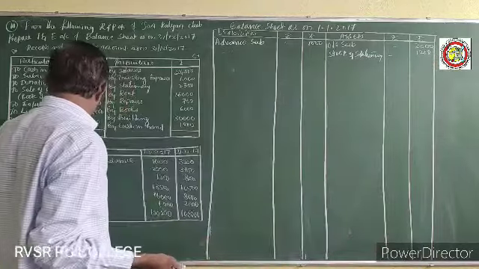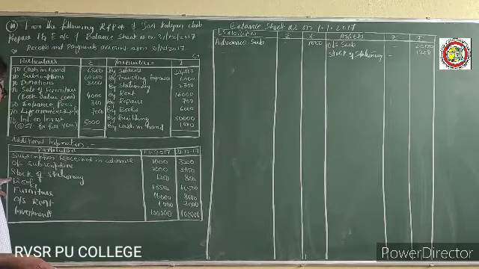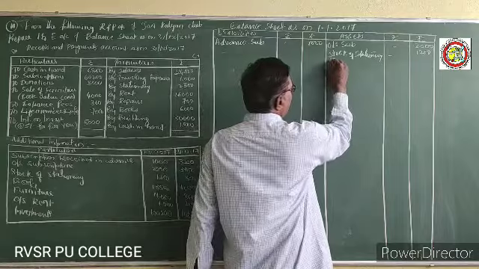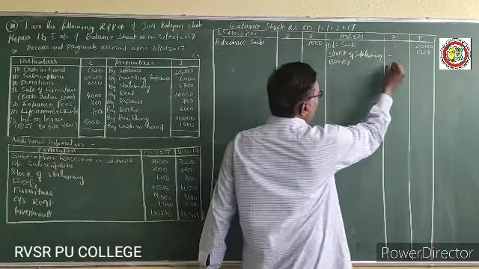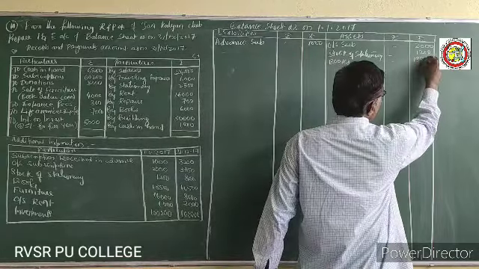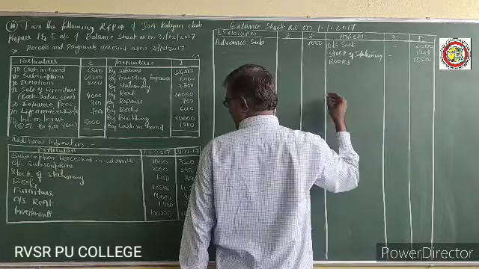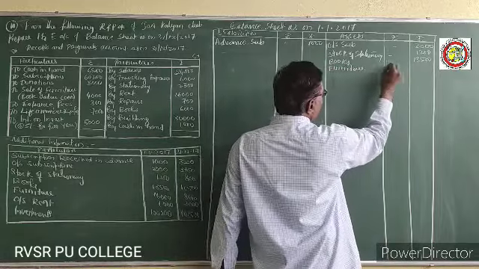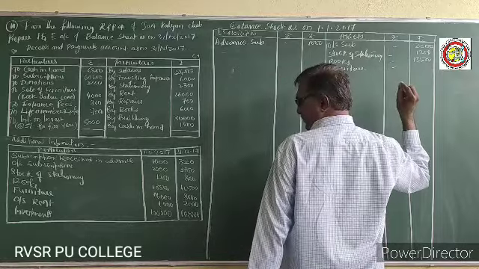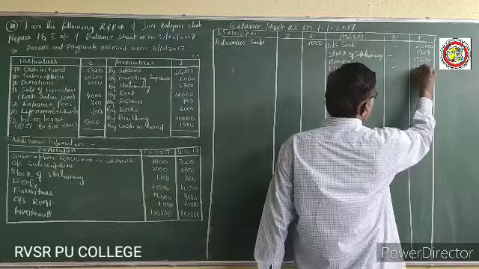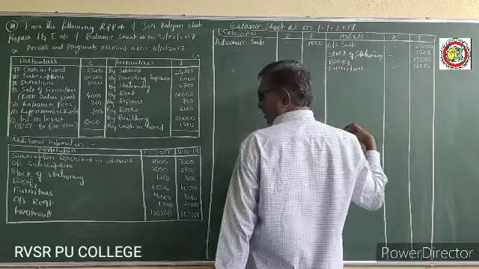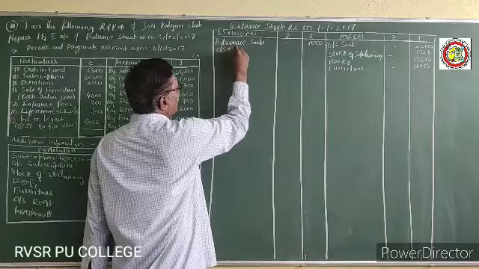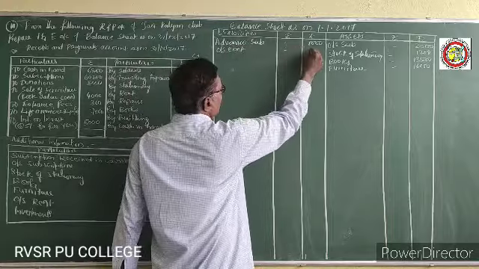Next, books, opening value is 13,500. Next, furniture is 16,000. Next, outstanding rent 1,000.